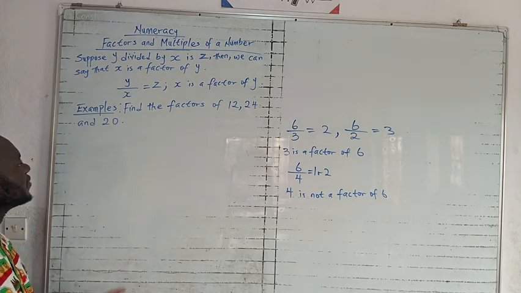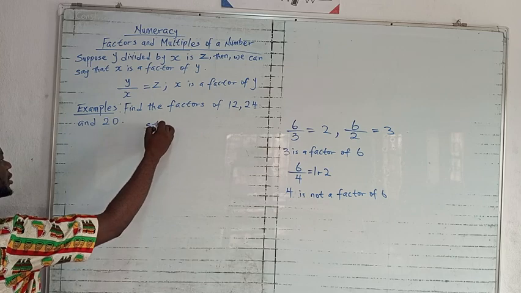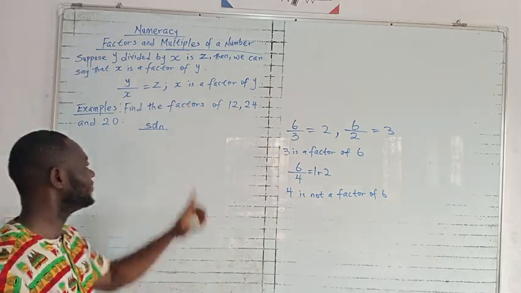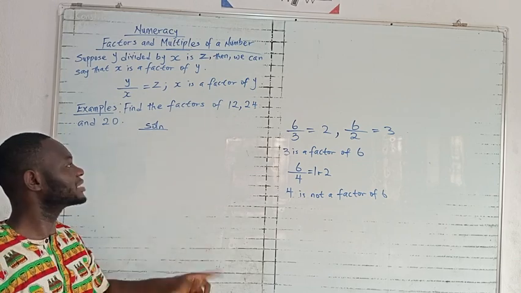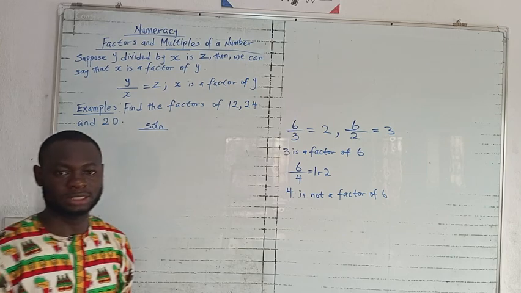The question asks us to find the factors of 12, factors of 24, factors of 20. So, what does this mean? It means that we should find all the numbers that can divide 12, all the numbers that can divide 24, all the numbers that can divide 20.